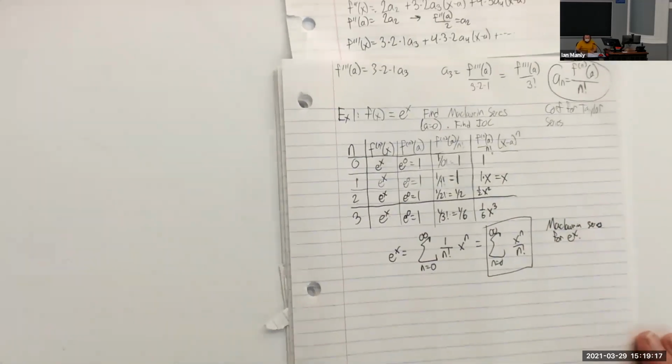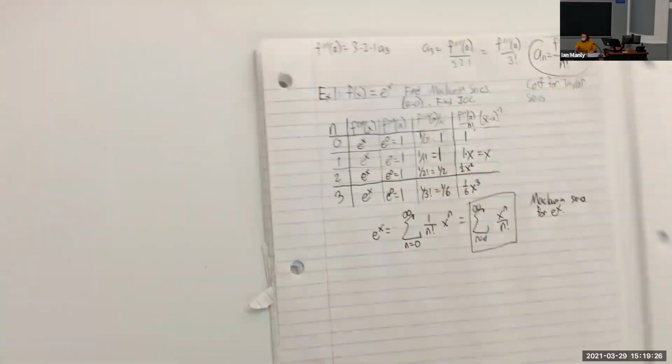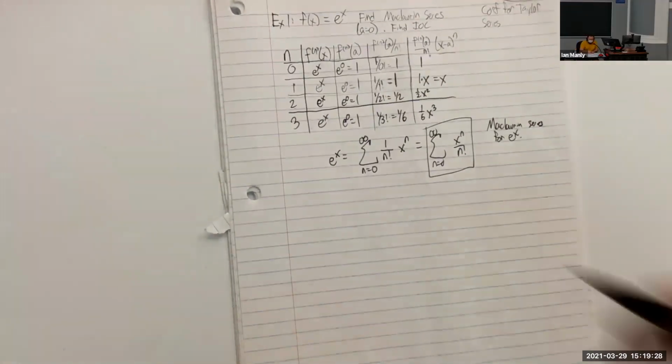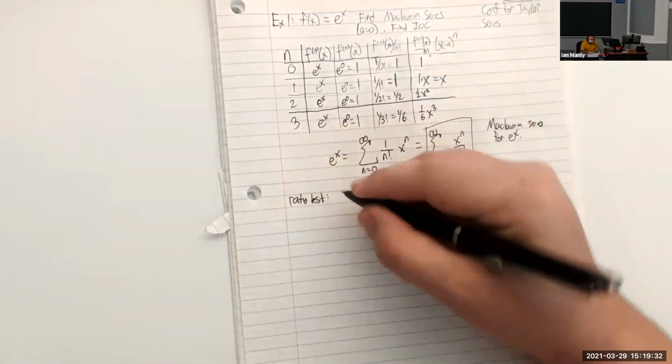Okay, now we need to find the series interval of convergence. It's nice that we have a series for this, but if it doesn't work for very many x, it's not that useful. So we need to figure out what x this is going to work for. So let's do the ratio test right here.